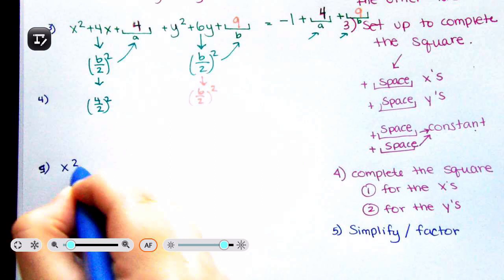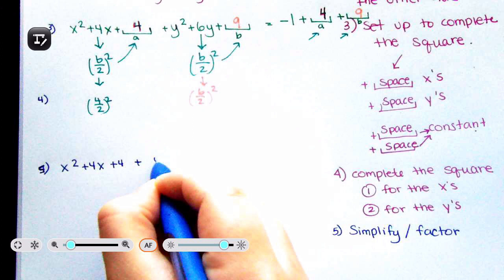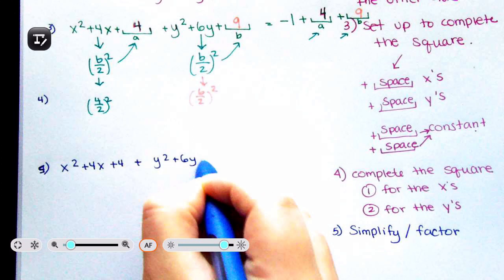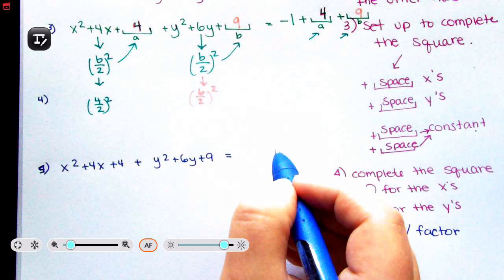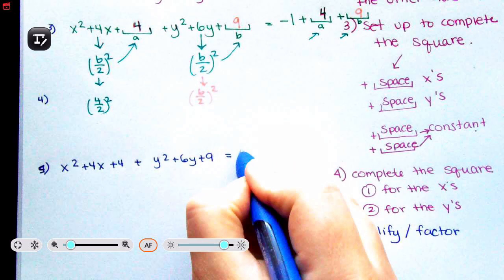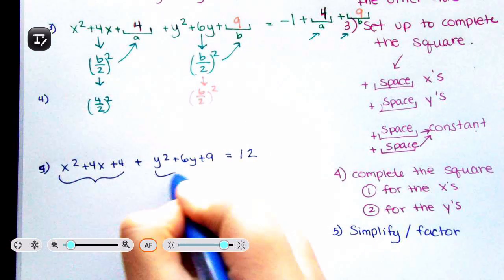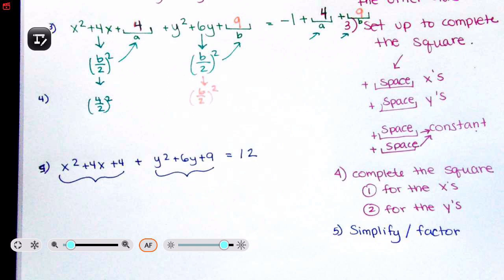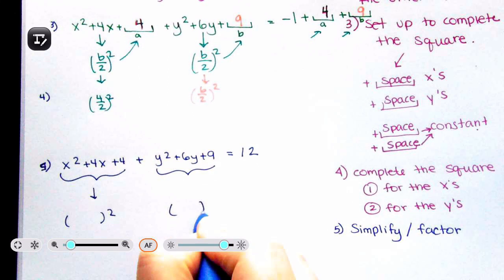So x squared plus 4x plus 4 plus y squared minus 6y plus 9 is equal to negative 1 plus 4 plus 9, that's negative, just kidding, that's positive 3, 9, 10, 11, 12, so I get 12. Now we're going to factor. You're going to factor the x's and you're going to factor the y's separately. So again, this will always give you a perfect square.